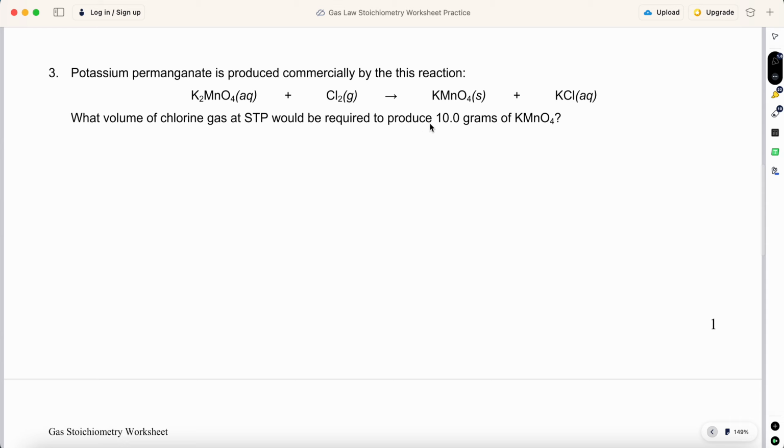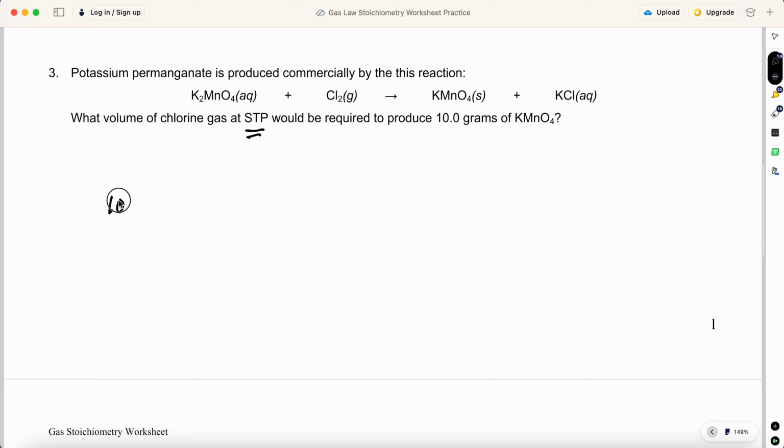So our potassium permanganate here is this one. Yes, this one. This is our potassium permanganate. And what we're looking for is the volume of the gas, since this is gas stoichiometry. So this is still at STP.